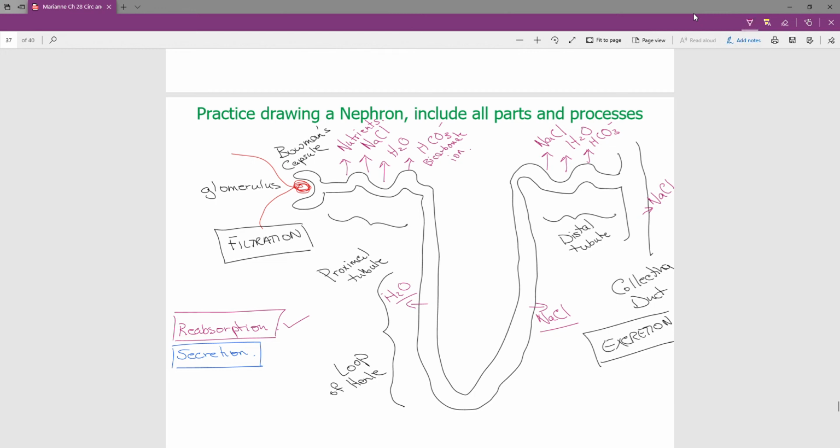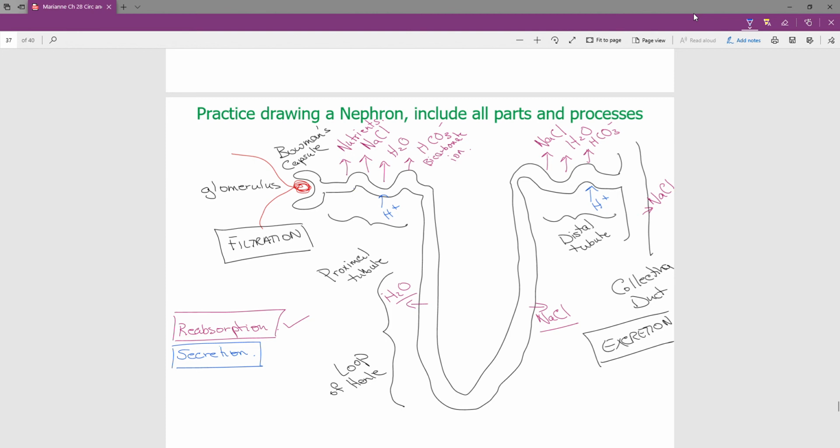And so the secretion is that adding into the filtrate all this stuff that like, hey, I meant to get rid of that anyway. So we can add more hydrogen ion. Again, this idea that we can regulate our pH through the function of our kidneys. And so you can secrete hydrogen ion in both the proximal tubule and the distal tubule of the nephron.